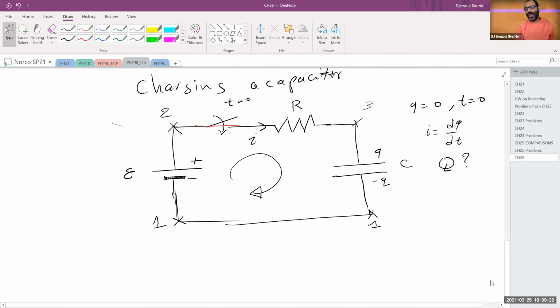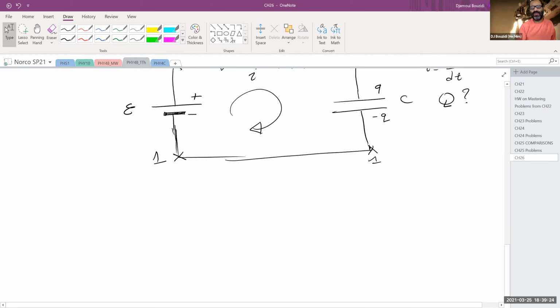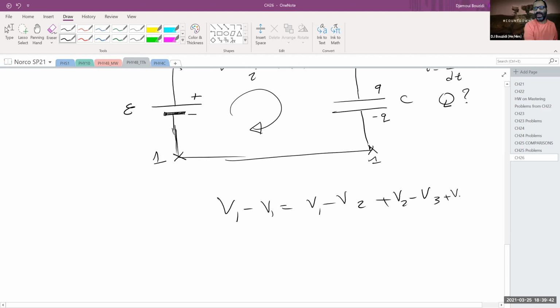So we're going to write Kirchhoff's rule now for this circuit. The first point is we are rising in potential. So we are minus dropping because we're going from negative. So I probably have to write it more explicitly in here. So what I'm saying, V1 minus V1 is indeed V1 minus V2 plus V2 minus V3 plus V3 minus V1.